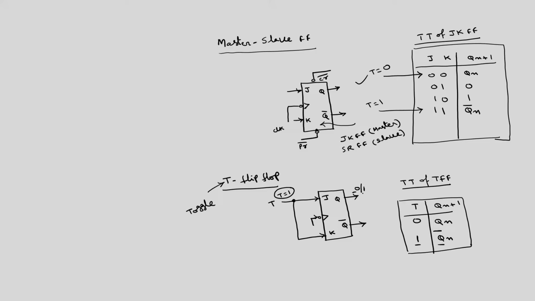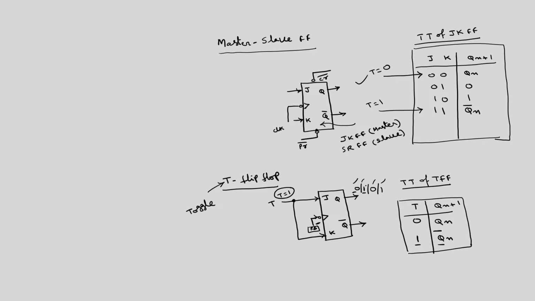So the previous output of 0 now becomes 1. After another clock signal it is 0, after another clock signal 1, and so on. If you connect this clock to a push button and go on pressing it, the output will change 0, 1, 0, 1, 0, 1, and so on.